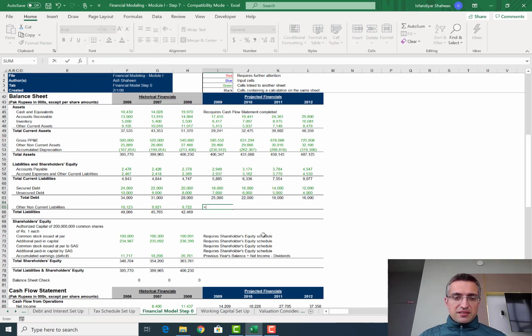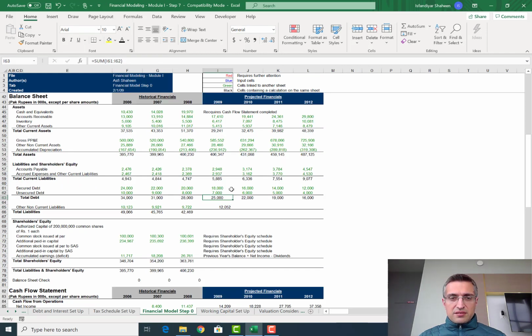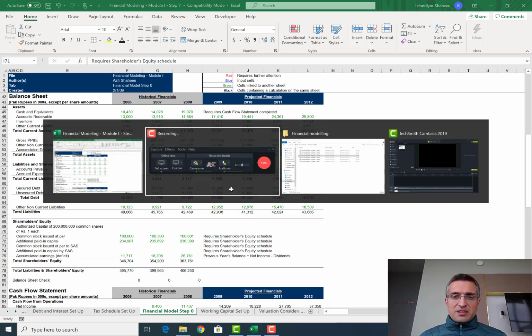We have the debt, we have the non-current liabilities. That was wrong. And right. And this requires the shareholders' equity schedule.